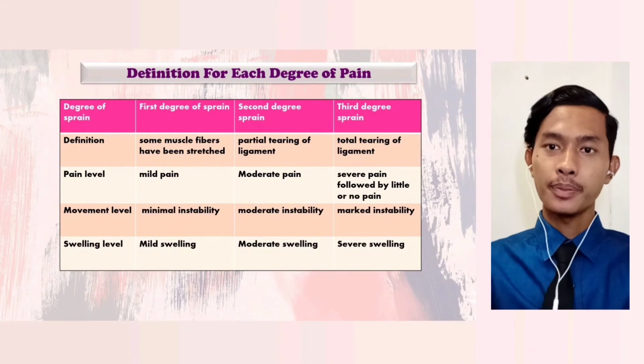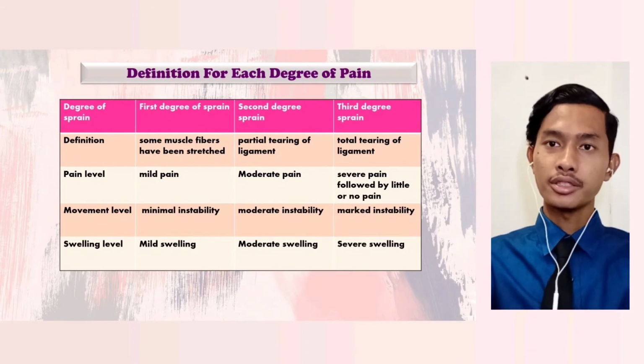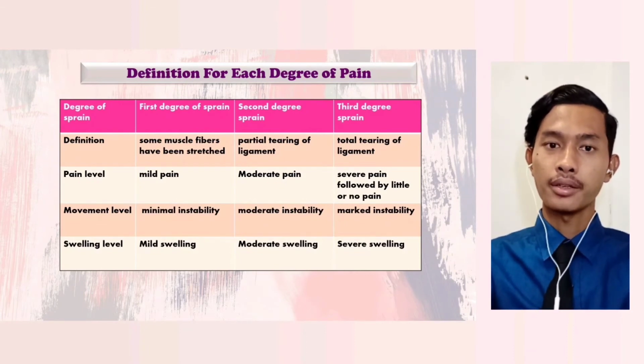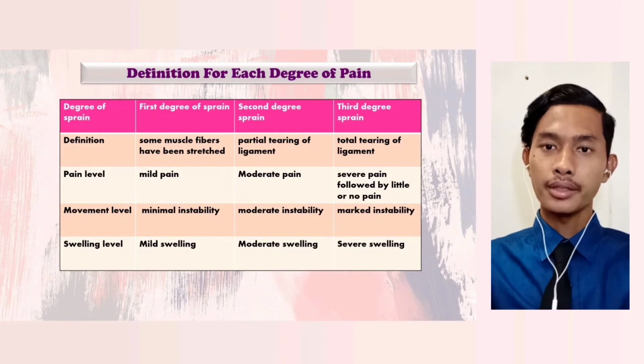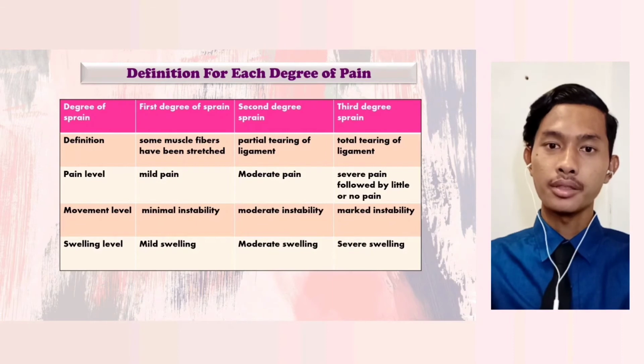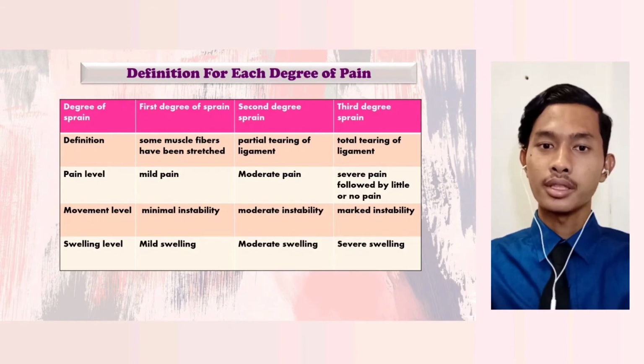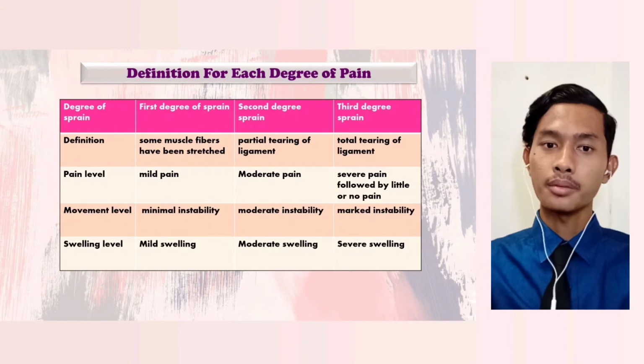Next slide, I will explain about the definition and stage degree of pain for sprain. The first degree sprain is the most common sprain, and it is a minor injury if not neglected. A first degree sprain is a slight stretching of one or more ligaments, and it will cause some mild pain.